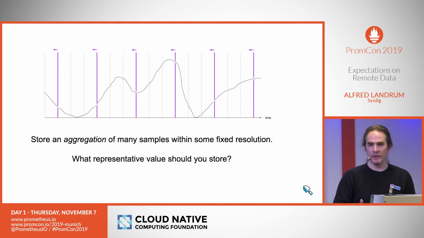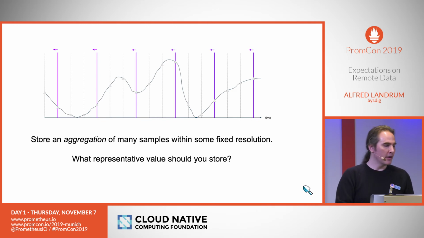So what you can do is instead of using the data directly, you can store an aggregation of those scraped samples. Right? So you break up your samples into windows of time, like 5 minutes or 1 hour or whatever value you want, and you store some representative value of all the data that occurred within that window. And then you use this aggregated data instead of the raw to give you answers that are close enough for many use cases and that conserve resources at the same time.